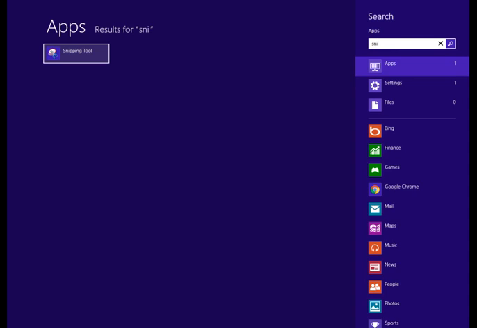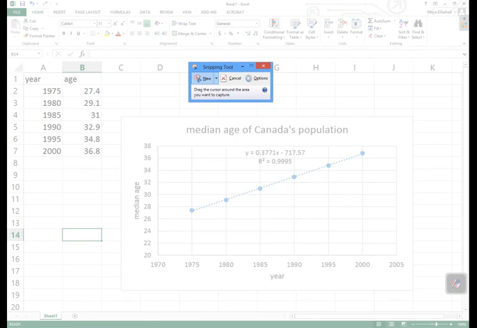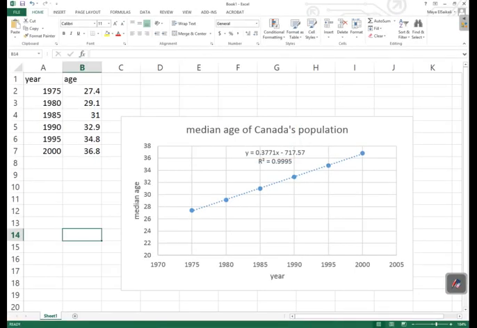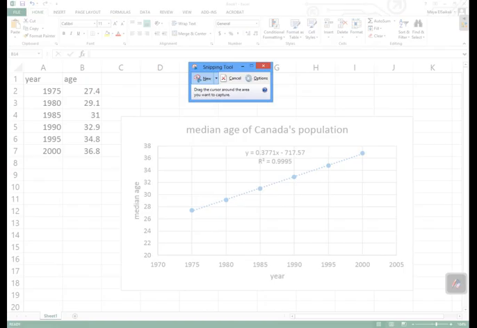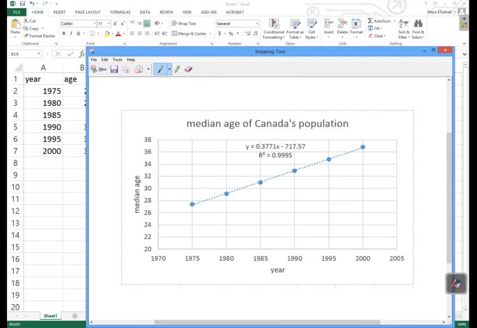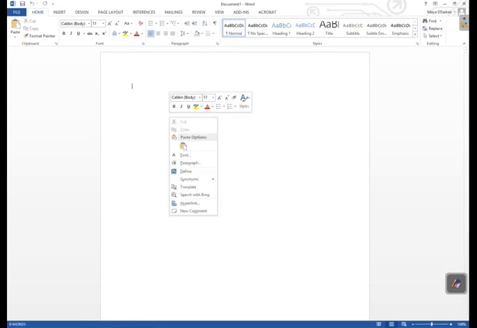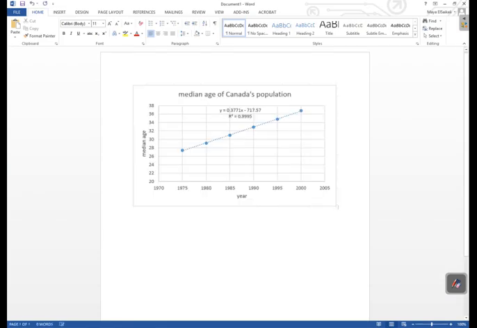In this case, you do the snipping tool, so you're gonna create a new snipping, and then you're gonna take a picture of your graph, right click, copy, and then you're gonna go to your Word document, and paste it wherever you want to paste it. Okay? So using the snipping tool, if it's not Apple; if it's Apple, I believe it's Control Command 4, if I'm not mistaken.